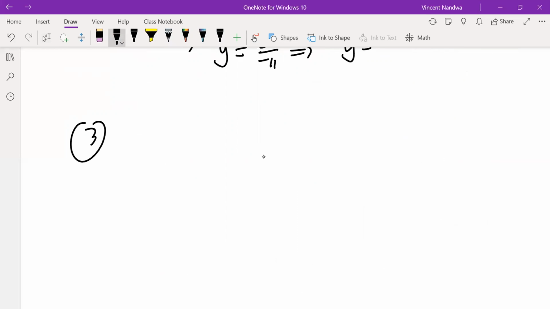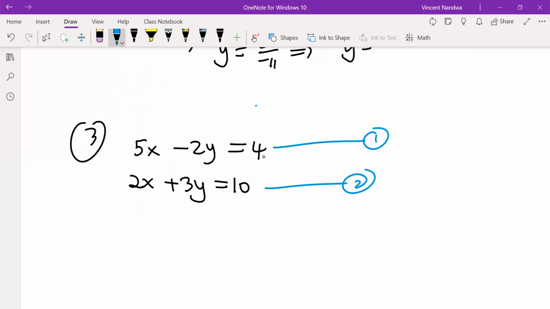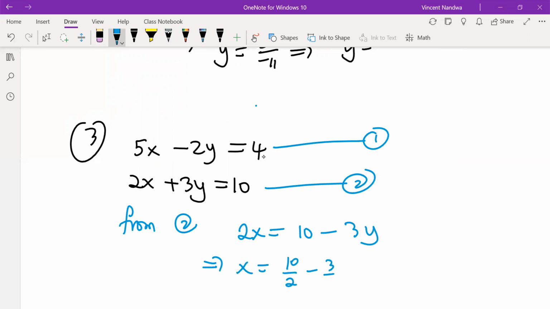Example 3, we have 5x minus 2y equals 4 and 2x plus 3y equals 10. So this is 1, this is 2. From 2, we have 2x equals 10 minus 3y. Which means x equals 10 over 2 minus 3 over 2y, which is 5 minus 3 over 2 times y.